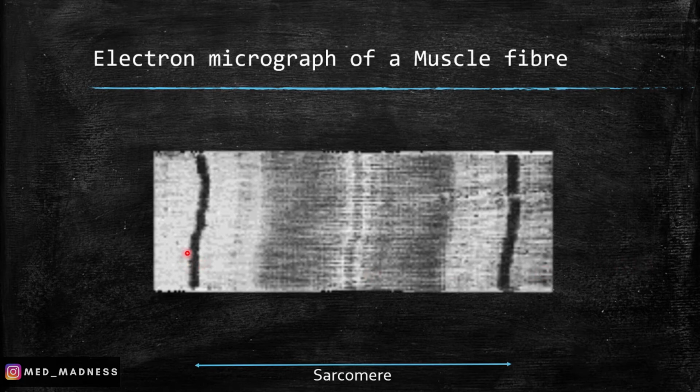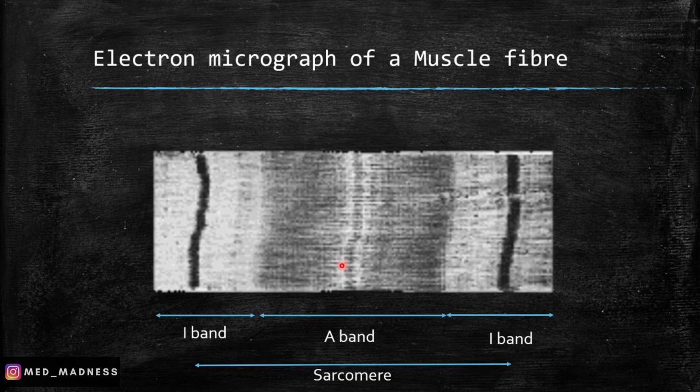So alternating bands of light and dark bands. And this band is called the I band, the light band, and this is called the dark band, the A band. The I band contains actin and the A band contains myosin. Now you can understand why this is light and why this is dark, because comparatively, myosin is way thicker than actin.